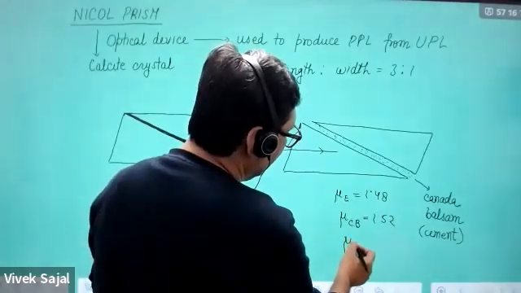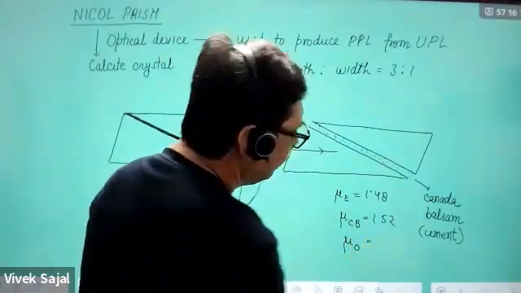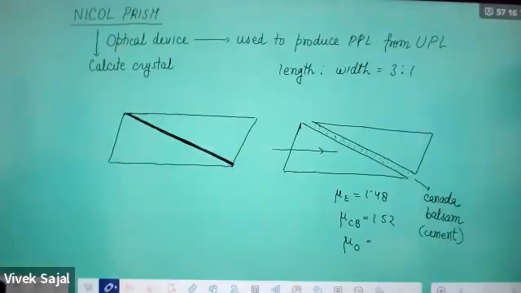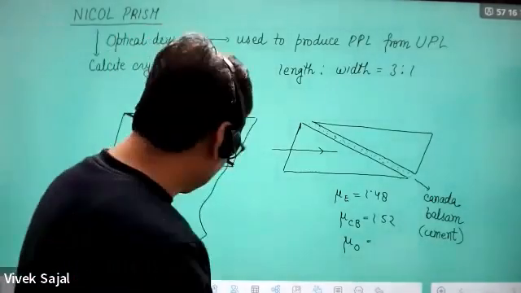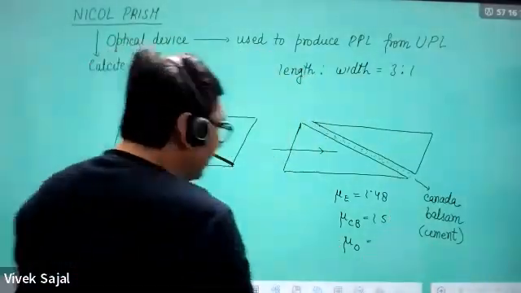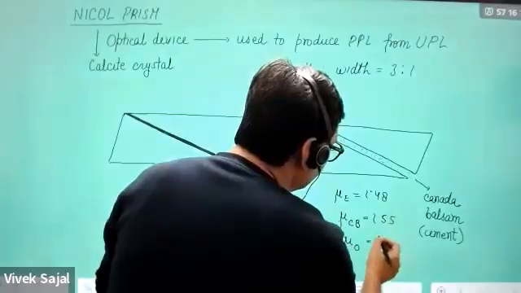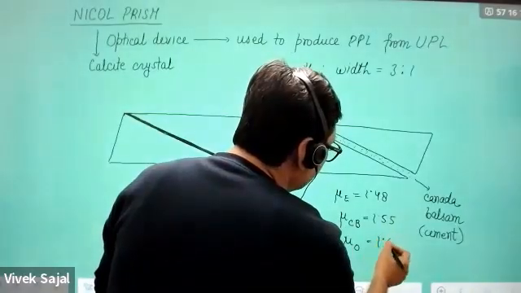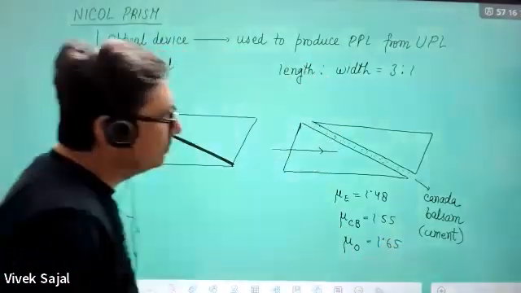And for ordinary light, this is 1.65. Try to understand this.